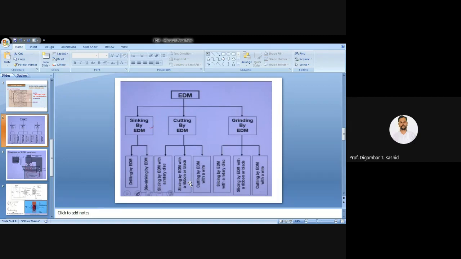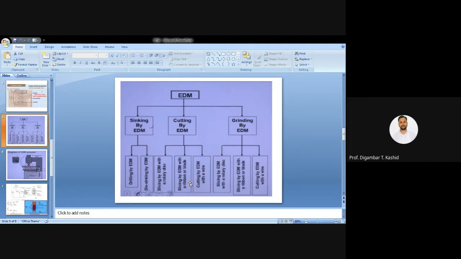While moving, there is a flow of fluid in between the gap, which is called the interelectrode gap, and you can perform the machining operation. At that time, the wire will act as the cathode or tool.